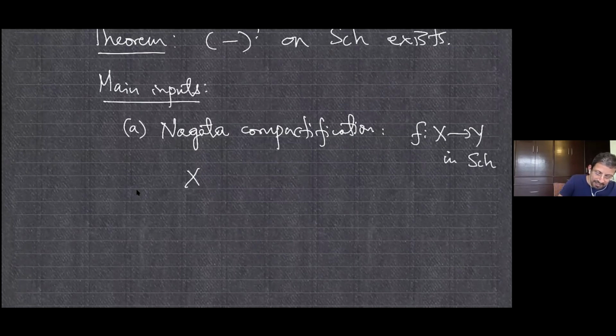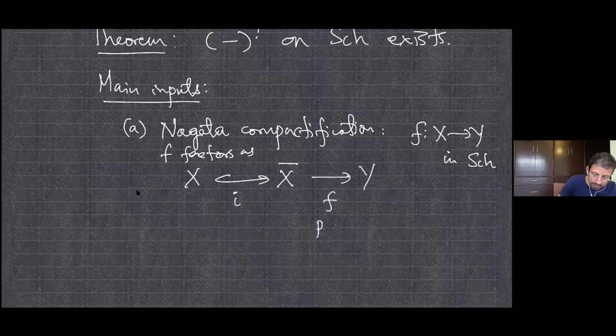Then f factors as X to X bar to Y, where f bar is proper and i is an open immersion.